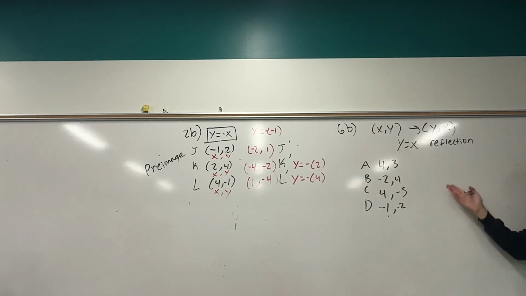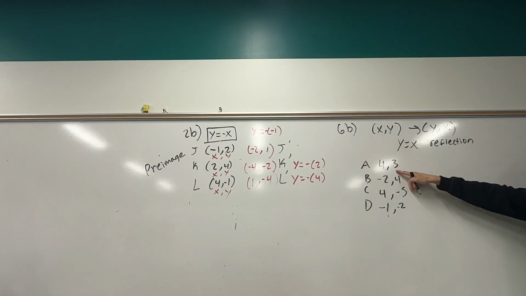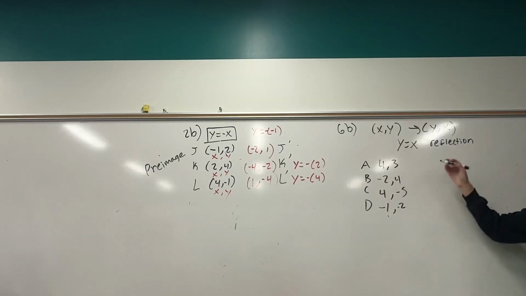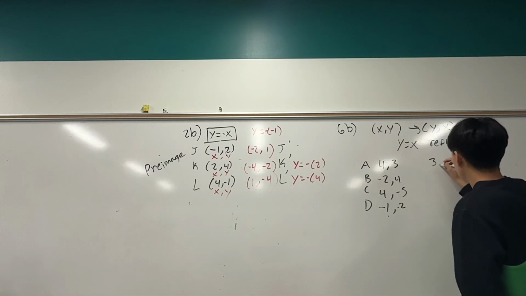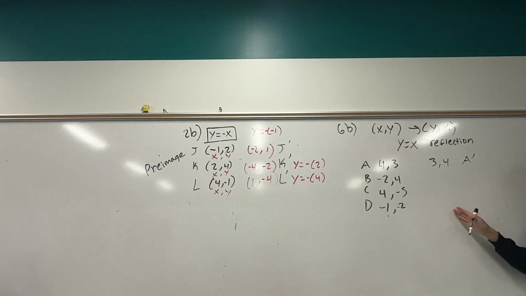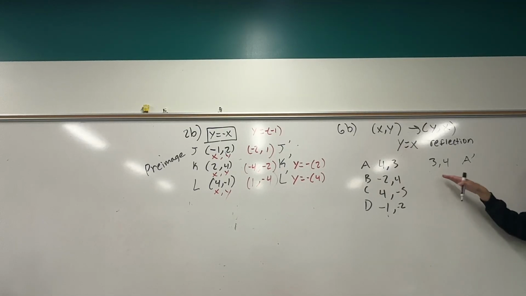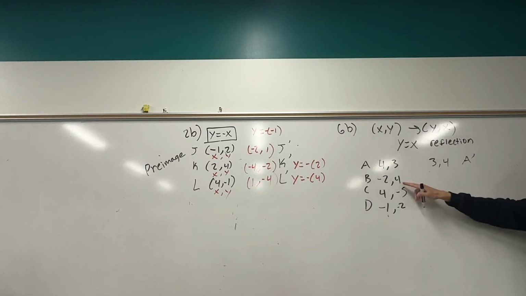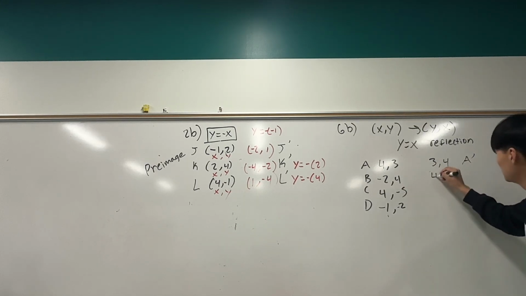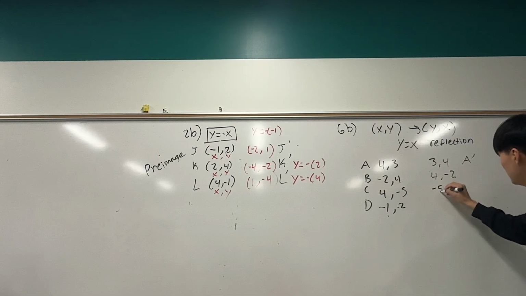So now for my image, I'm going to get what for point A? 4, 3 becomes 3, 4, right. Does the sign change? No negatives, nothing. Just keep it as it is. 3, 4. That's the new point. You guys get the point? And what does this become? 4, -2, -5, 4, -2, -1.